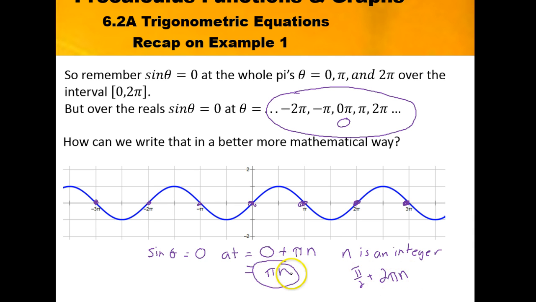So how come this is plus pi n, and this is plus 2 pi n? Well, if you look at this, it's 0 just over a distance of 2 of these units, right? And each of these units is pi over 2, so pi over 2 plus pi over 2 is 2 pi over 2, which is pi. So this repeats itself every pi, so it's 0 every pi.